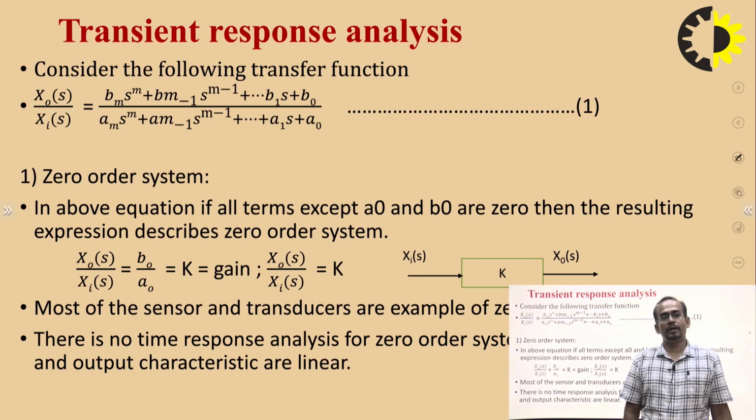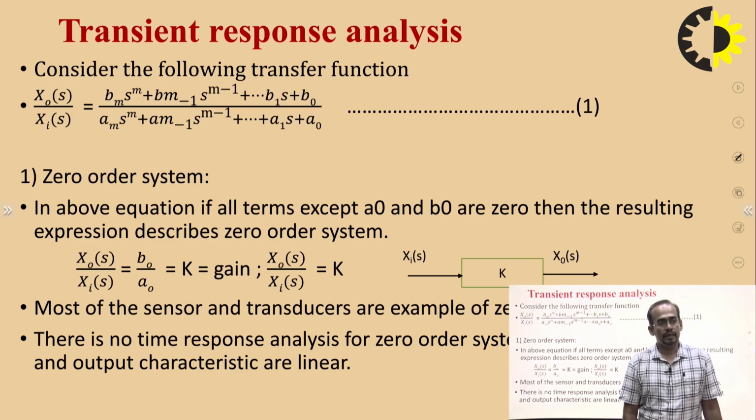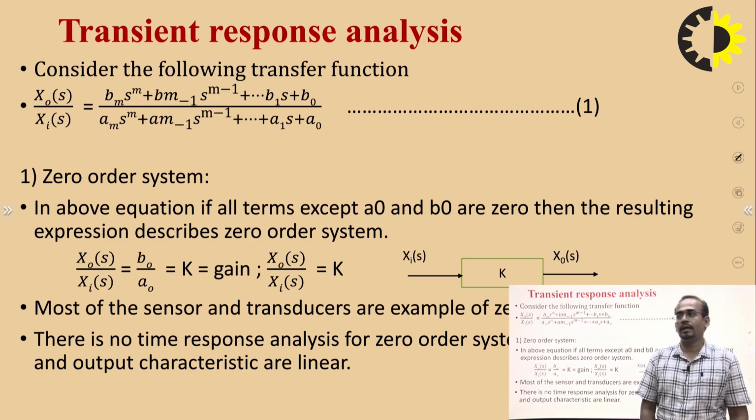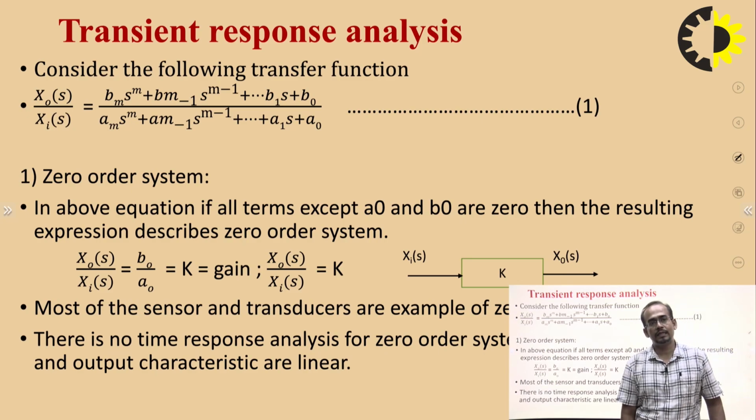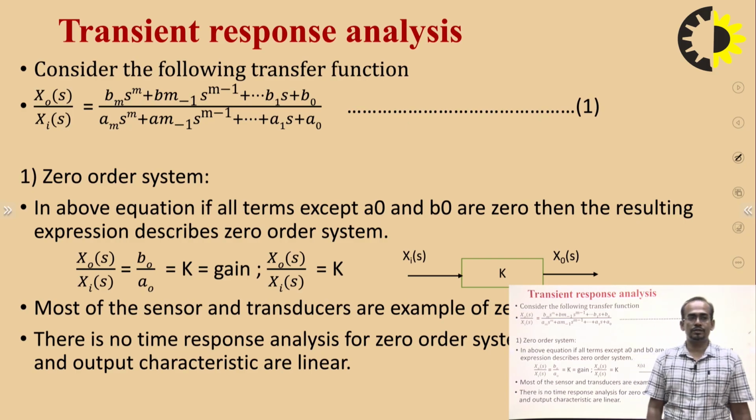Here x naught by xi is equal to k, which is a constant. If I am designing a zero order system, this is used in the case of sensors and transducers.